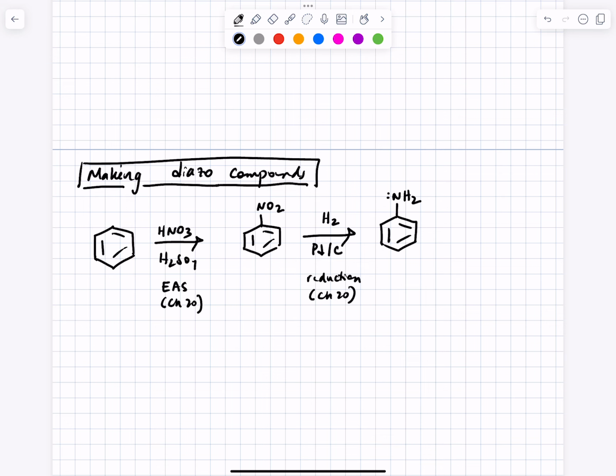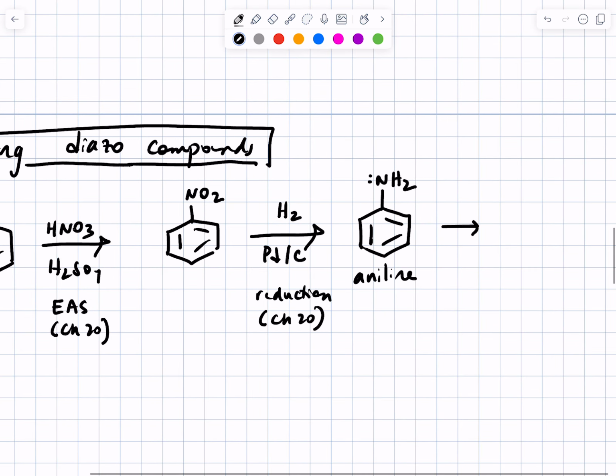What's new is what we're going to do to the aniline. And we're going to introduce a new reagent, and I'll show you what it does, but I won't have you worry too much about the mechanism.